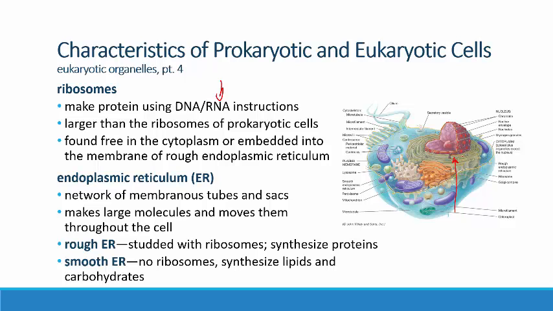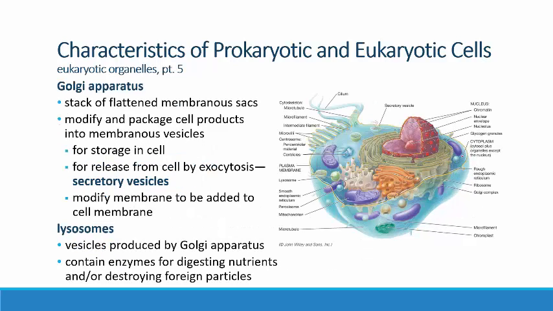So all of that stuff gets packaged up into a little membranous bubble called a vesicle, and we send it off to the Golgi apparatus. The Golgi apparatus appears, if you look at it in cross-section, like this stack of sacs built out of plasma membrane.